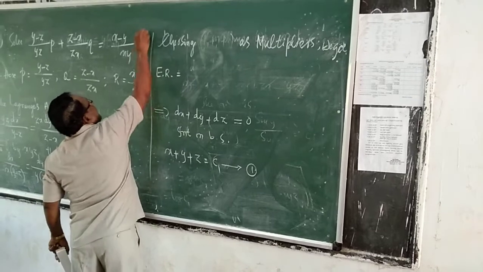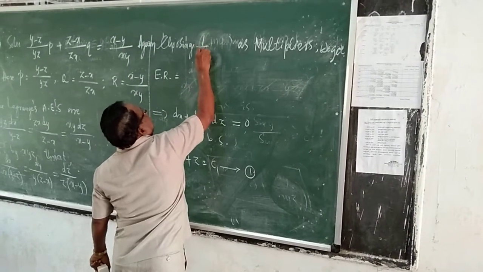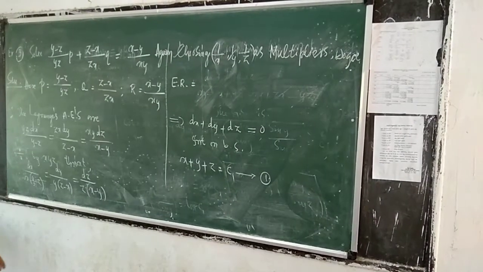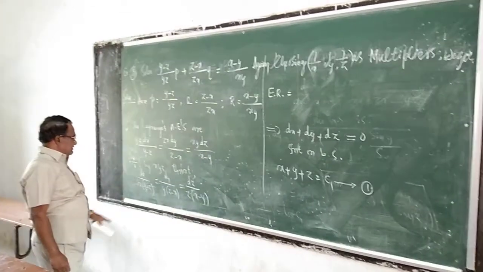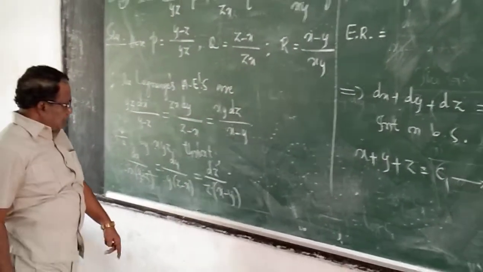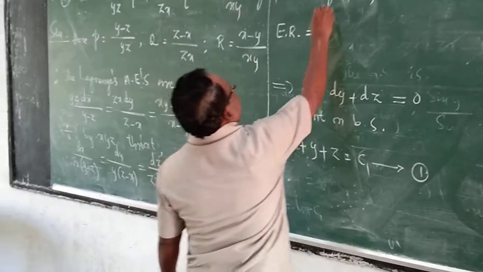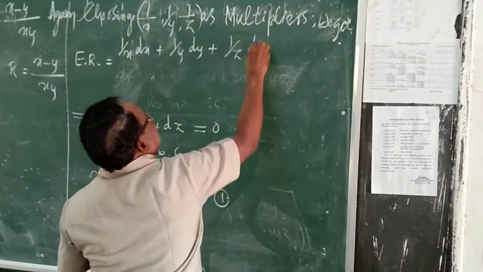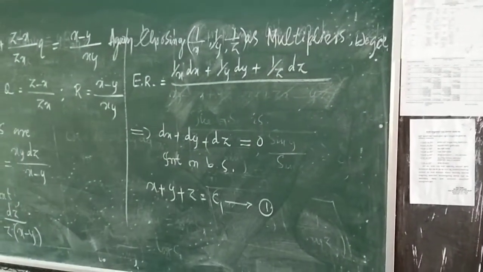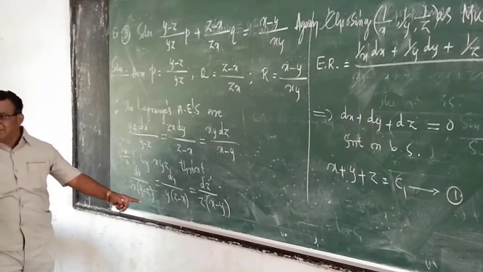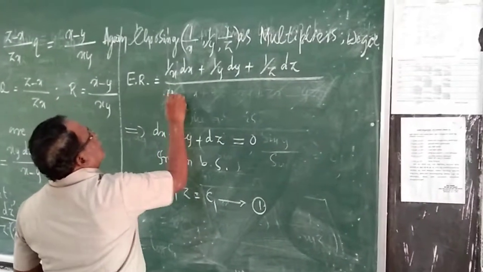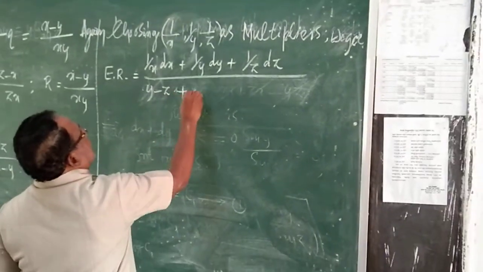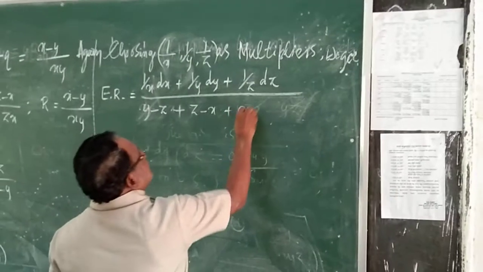Again, choosing 1 over x, 1 over y, 1 over z as multipliers, we get here 1 over x into dx plus 1 over y into dy plus 1 over z into dz, divided by 1 over x into (y minus z). x cancels here, you are left with only y minus z, plus (z minus x), plus (x minus y).